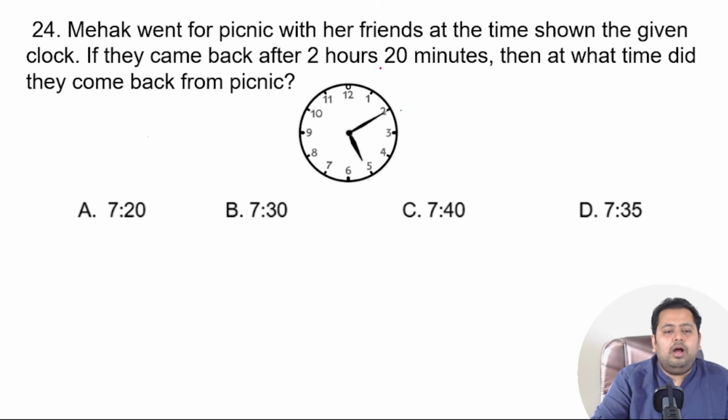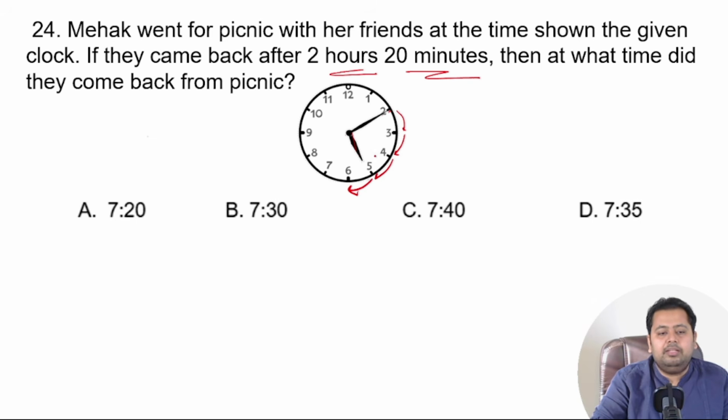So 2 hours and 20 minutes. This is the minute hand, this is the hour hand. This is 5 minutes, this is 10 minutes, this is 15 minutes, and this is 20 minutes. So after 20 minutes it would be 5:30. Then start adding 1 hour: from 5:30 it would be 6:30.